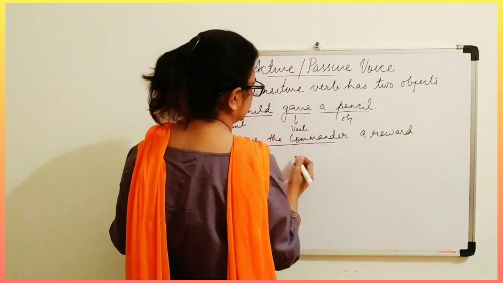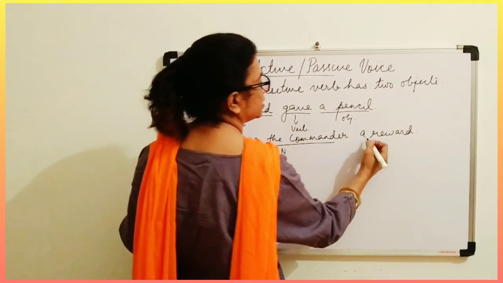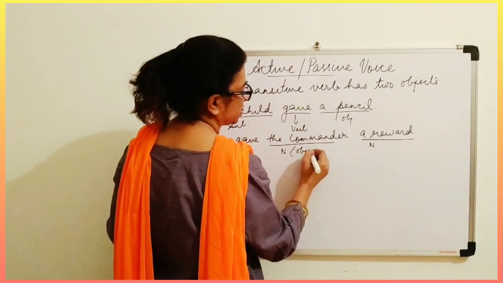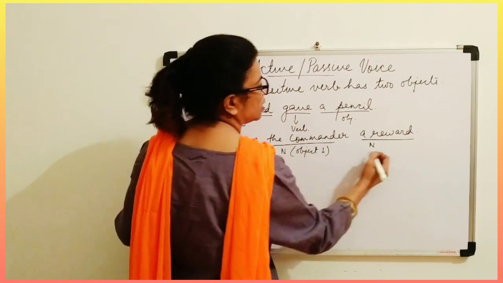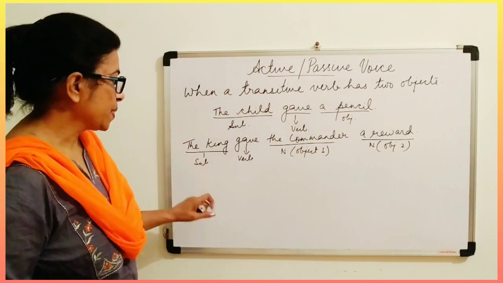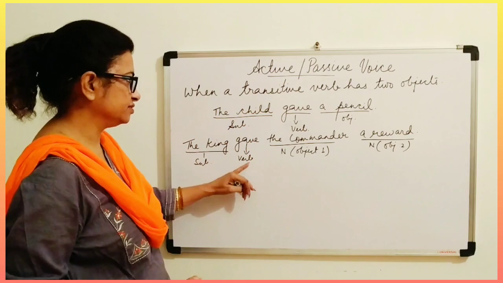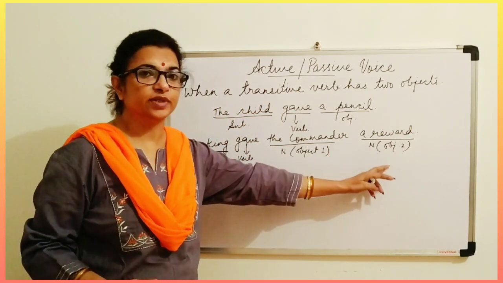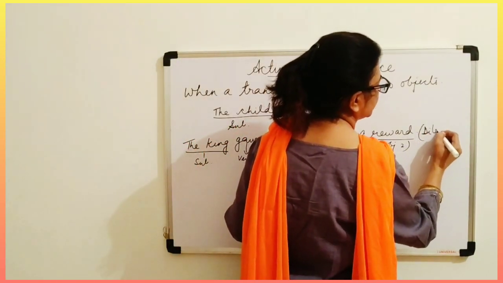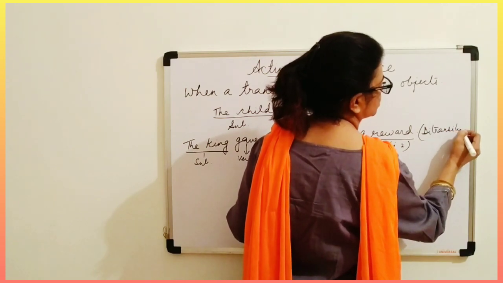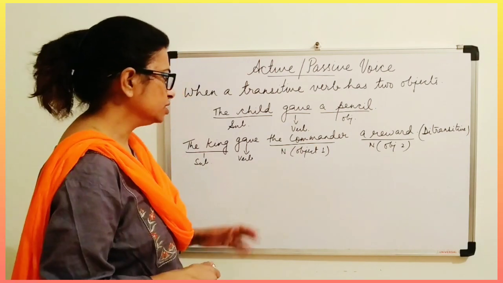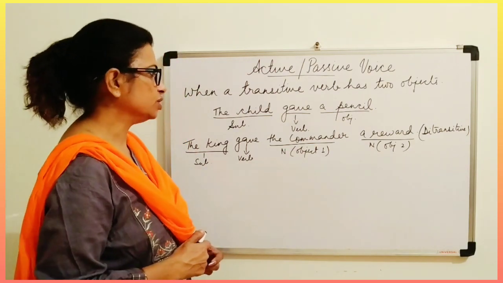The commander, one noun, and a reward, another noun. So this is object 1 and this is object 2. Isn't it? This is because it has got two objects, so we call it ditransitive. Di means two. This we have already studied when we were doing verbs, so you can see that video again if you want.